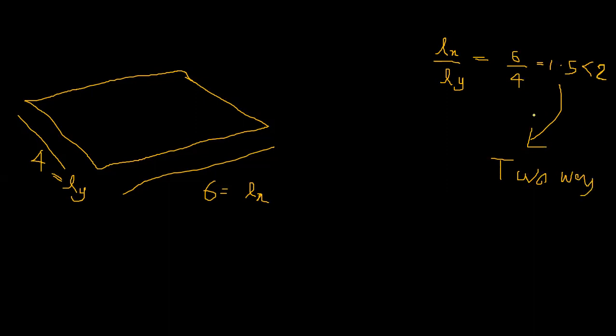If it is larger than 2, that means this is considerably long, so more portion of the load is taken by this longitudinal beam. That is one way. In such case, we can draw a line at 45 degrees. This is an approximate load distribution.